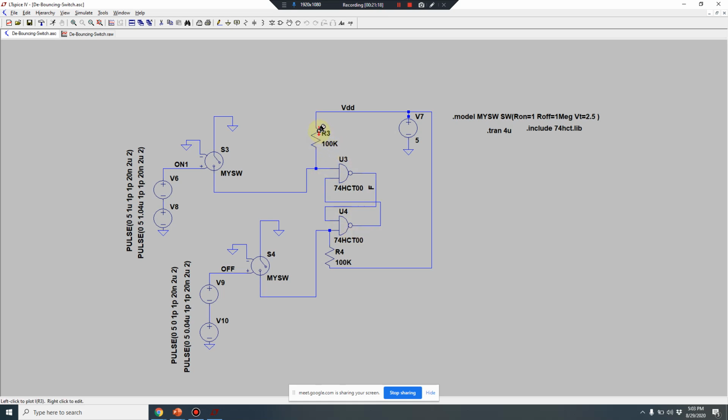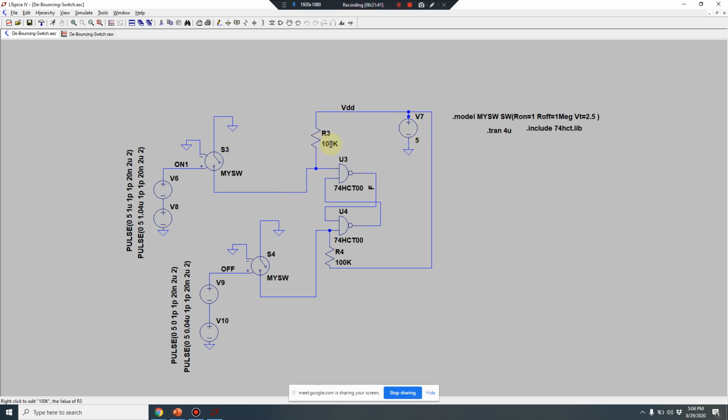Now what is the purpose of this 100k? I can see this node; generally both these nodes should be high, and only when the switch is connected should it go to 0. So that is why I put a 100k, so it will generally be high. But if I don't put this 100k, when I give ground out here, this 5 volt will get grounded, so it will be a short circuit.